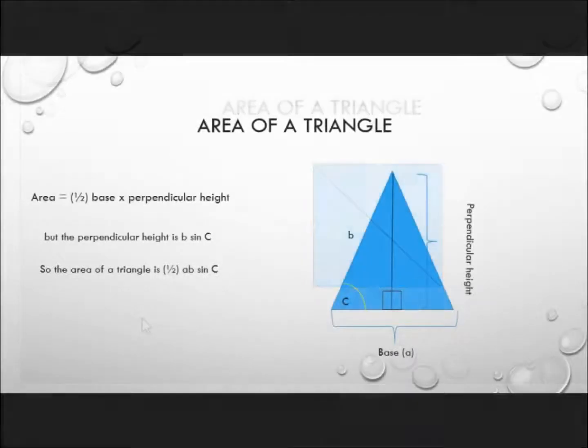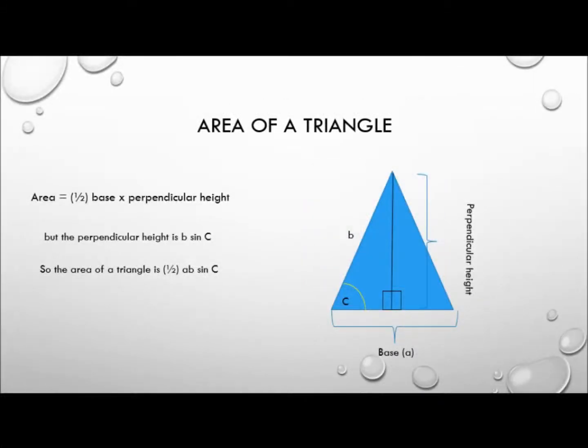Now if the area of a triangle is a half base times perpendicular height, we could actually calculate that perpendicular height if we remember our SOHCAHTOA, that the opposite is equal to the hypotenuse times the sine of the angle. In this case the perpendicular height is opposite angle C, and the hypotenuse is side B, and we've labelled the base side A arbitrarily.